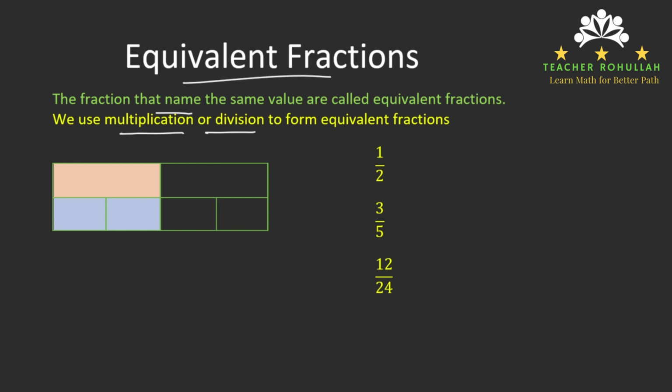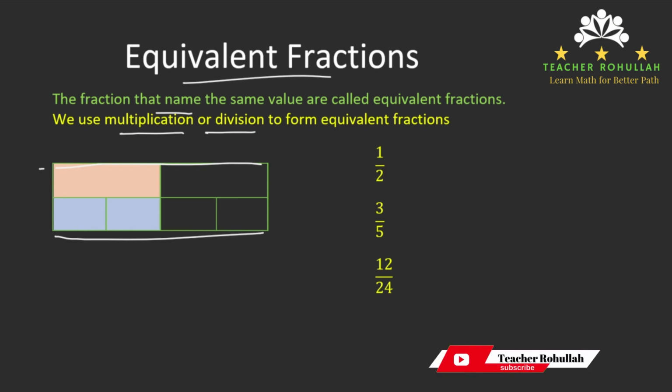The two rectangles down here are exactly the same size, this one and this one, but the first one is cut into halves and the second one is cut into four equal sizes. So the fraction of the first one, which is shaded, is 1/2.